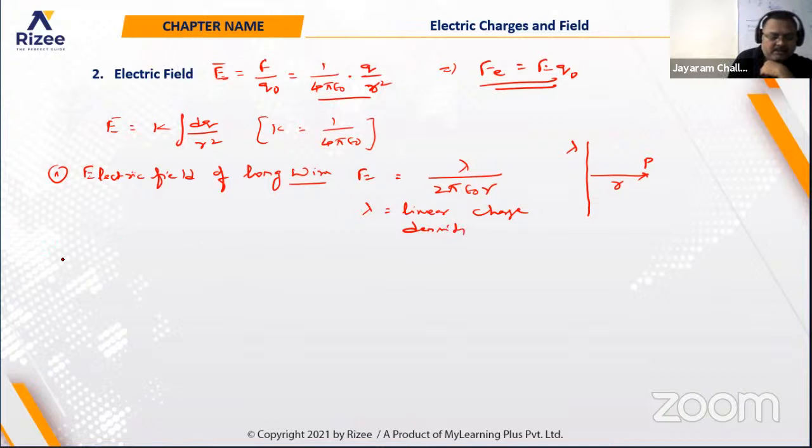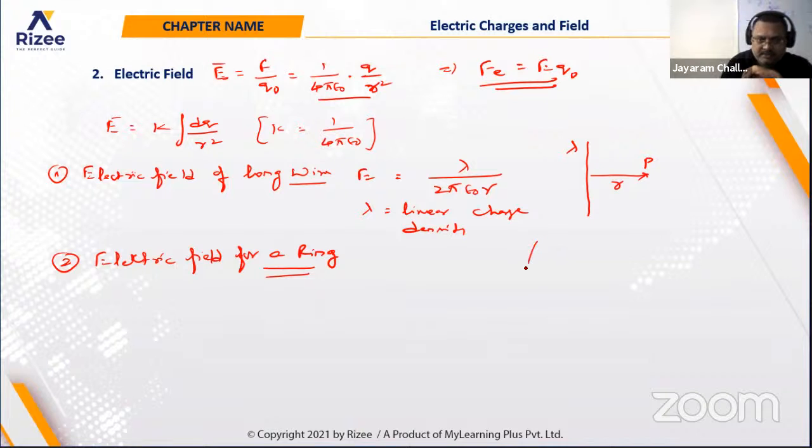Okay. Now the second object: the electric field of a ring. So a continuously charged, distributed ring, on its axis.